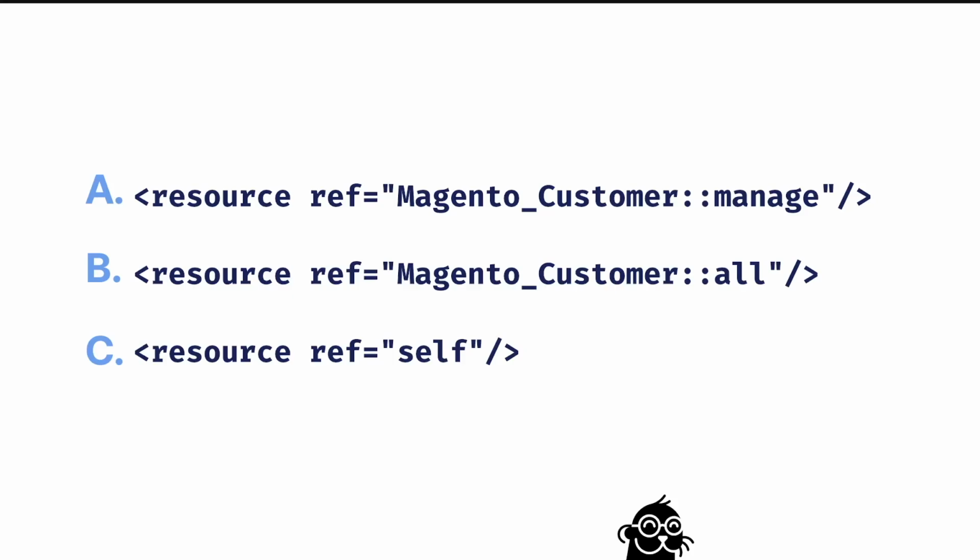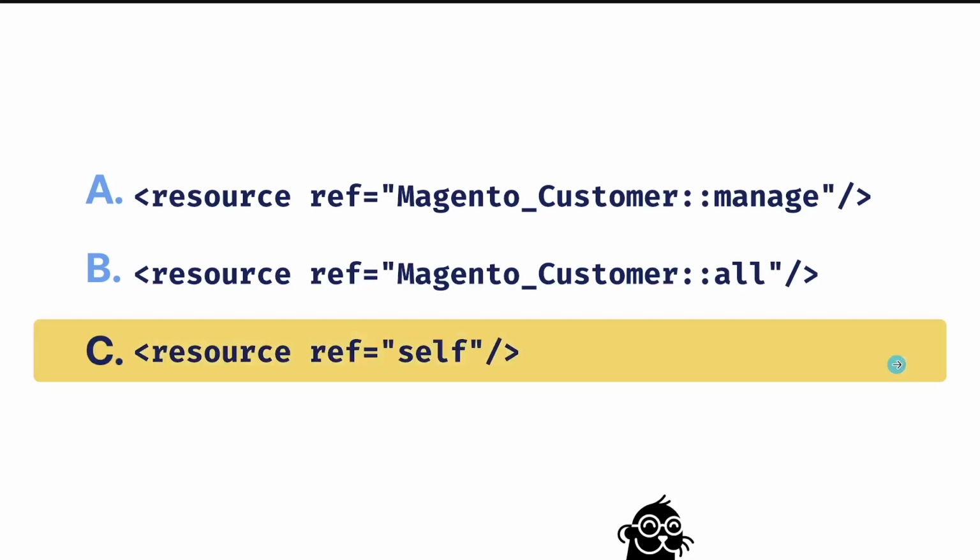That's going to be the only way they gain access to this request data. And obviously, from the perspective of the question, this is exactly what we are looking for. We want to make sure that our endpoint can only be accessed by a logged in customer only viewing their specific data. So we're going to mark option C as correct.